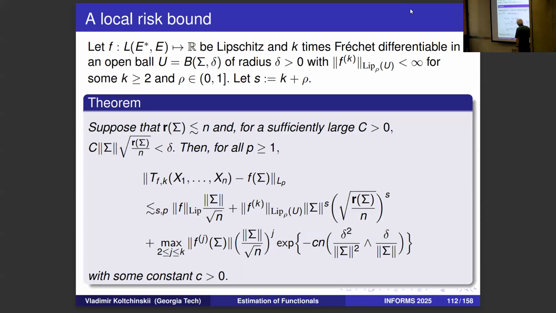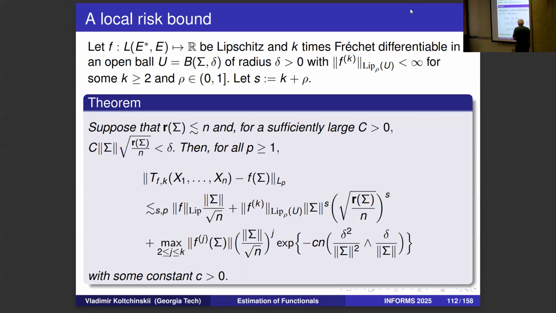I'm assuming that f is differentiable, the same type of differentiability holds, but only in a neighborhood of the true covariance, only in some set U around our true covariance. This is an operator norm neighborhood.